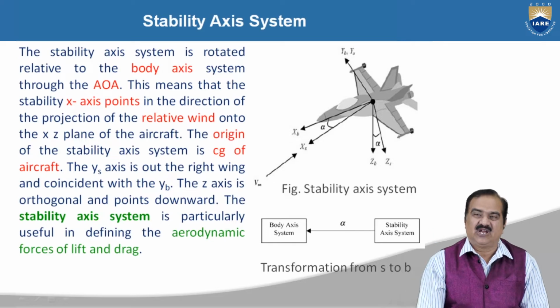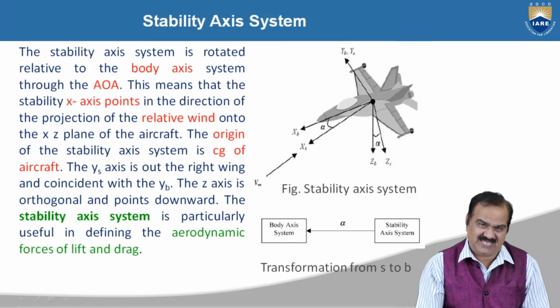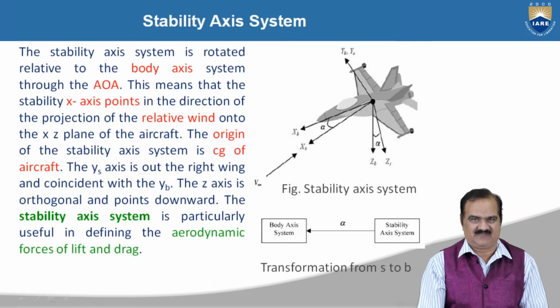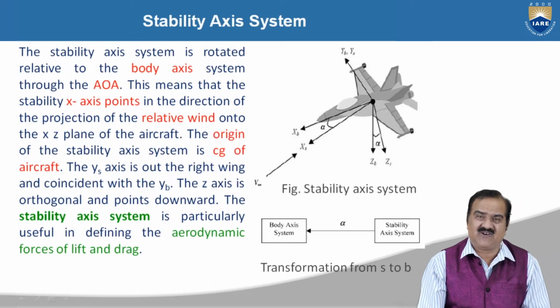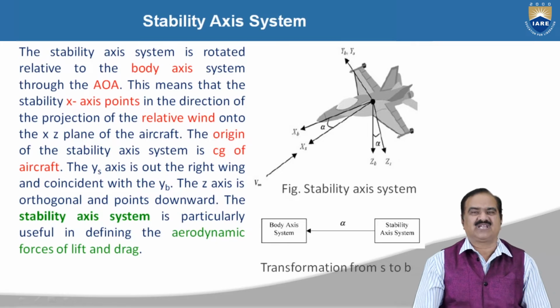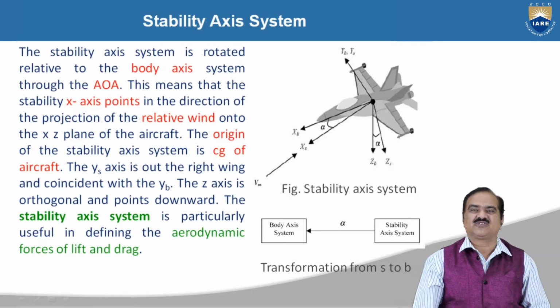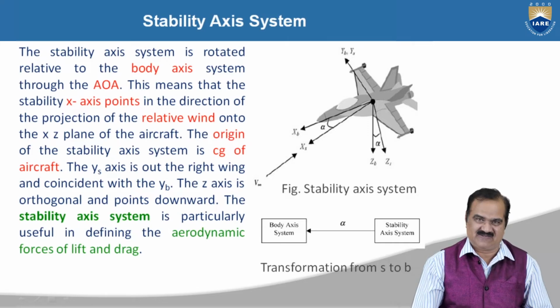Why do we consider the body axis system and the stability axis system? It is very easy for the pilot, because the pilot is sitting on the aircraft and his motion has to be considered first. He is the first priority, and since he is sitting on the aircraft, it is the body axis system.